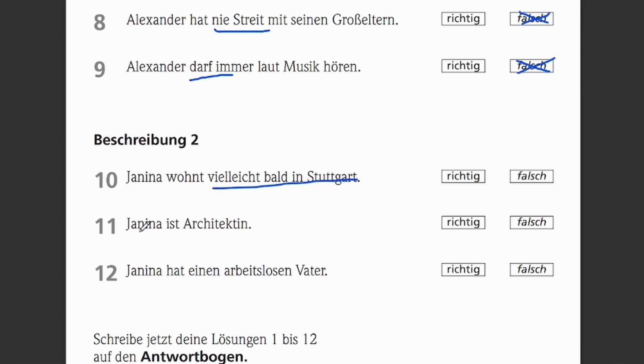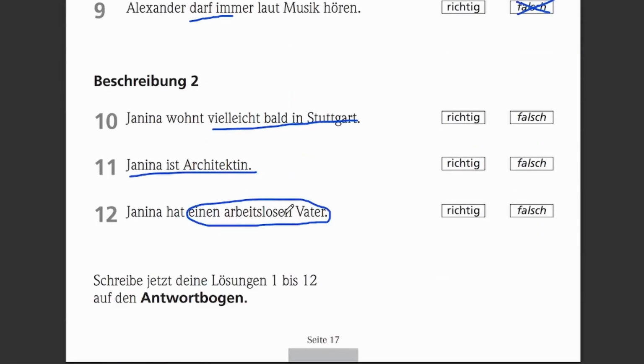Maybe in Stuttgart. Okay, Janina is Architektin. We have to find out whether she is an Architektin. Janina hat einen arbeitslosen Vater. We have to find out whether her father is not currently in a job. Arbeitslosen means jobless. Yeah.